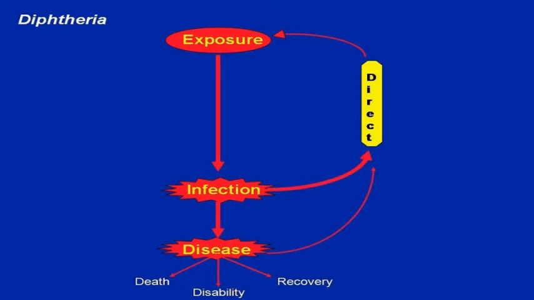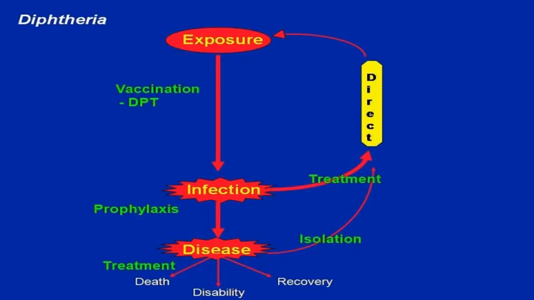We move on to the next example, diphtheria, which is a bacterial disease and a vaccine-preventable disease. It also transmits through direct contact, so we can create this chart for diphtheria. How do you control diphtheria among the human population? Where do you cut this cycle? We have a weapon to combat diphtheria, that is vaccination.